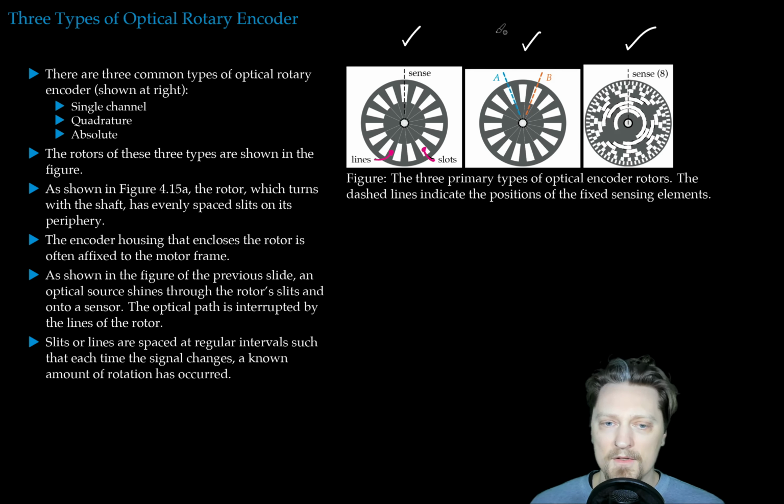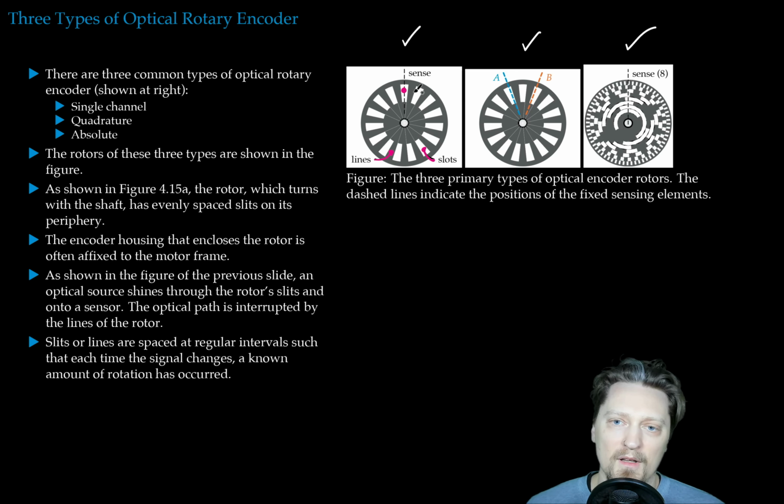The encoder housing that encloses the rotor is often affixed to the motor frame. As shown in the figure on the previous slide, an optical source shines through the rotor slits and onto a sensor. The optical path is interrupted by the lines of the rotor. So when there's a line, the light does not shine through. When there's a slot, it does shine through. And so I have a line here that denotes the sense location.